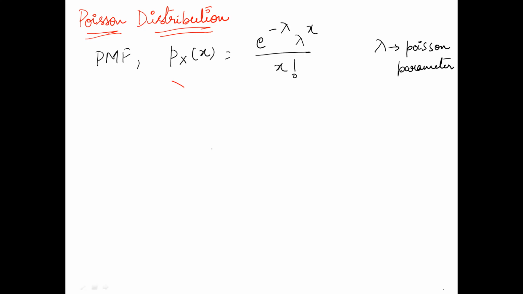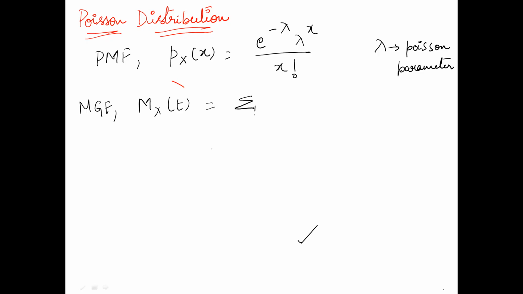Right, now how do we write the moment generating function? I'll quickly go to the moment generating function without trying to find the mean by integrating x times the PMF. So rather than that, I try to find the moment generating function, and from there I'll differentiate it once to get the mean value and twice to get the mean square and subsequently the variance.